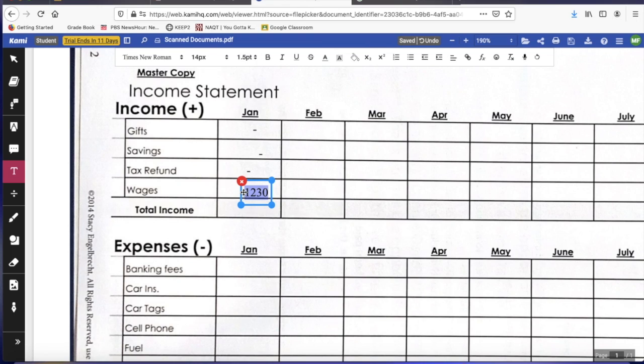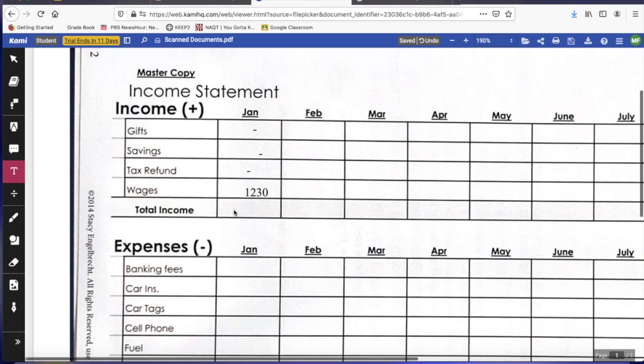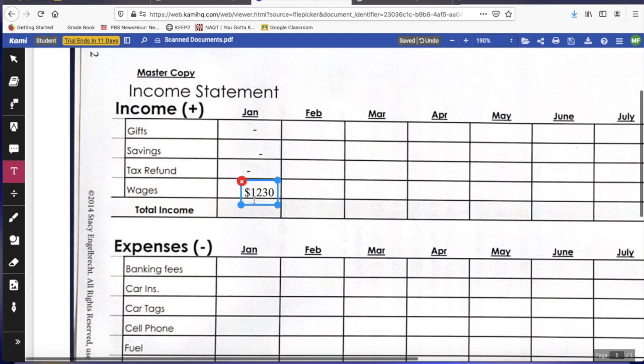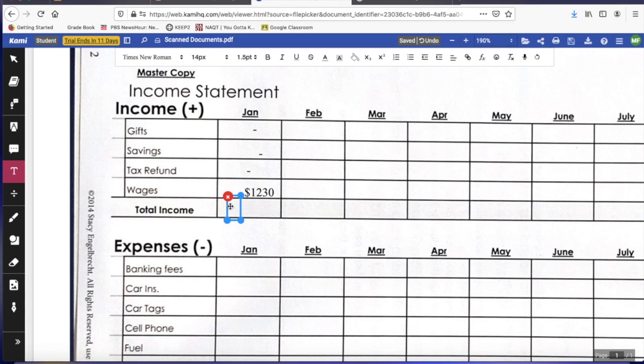Oops. Make sure that you have your dollar sign. It's not going to let me type it in. There we go. So your total income is that $1,230 because that's the only money that he received throughout the month. That's his total income. You're done with the income side.